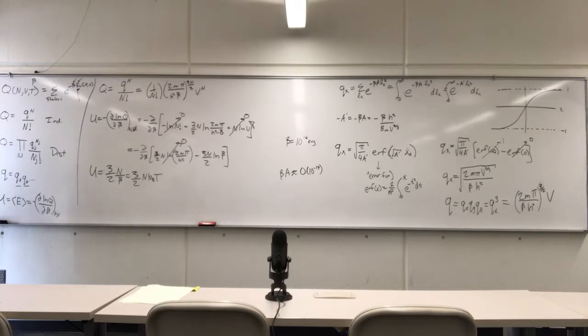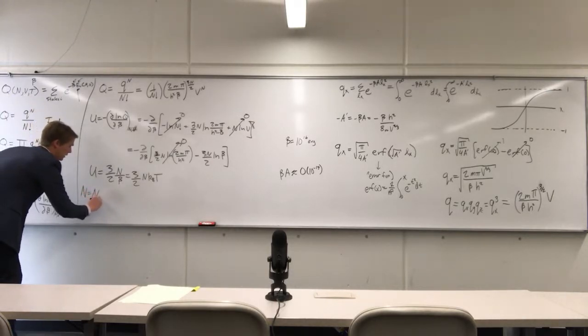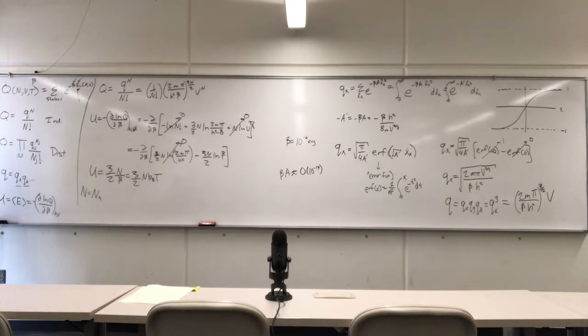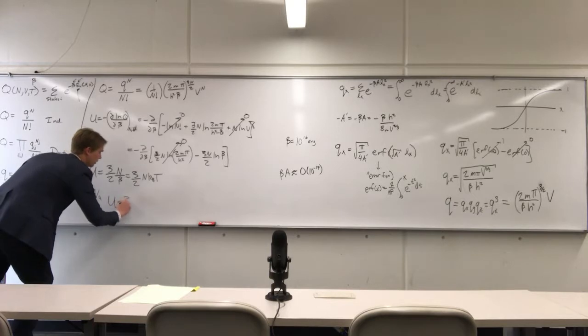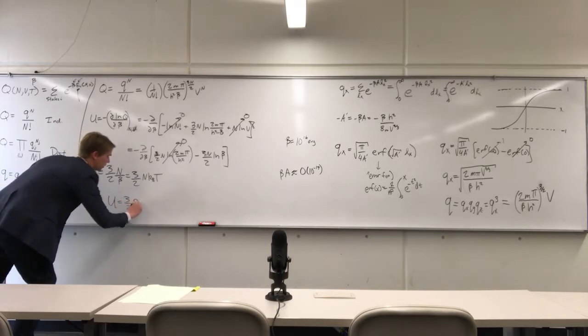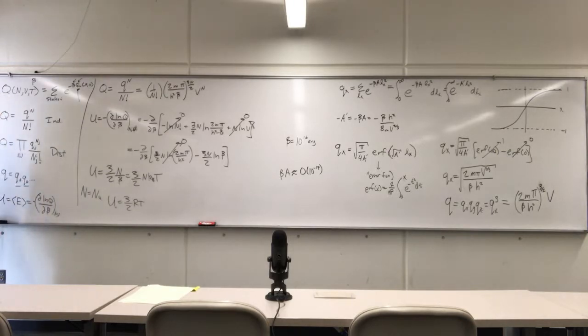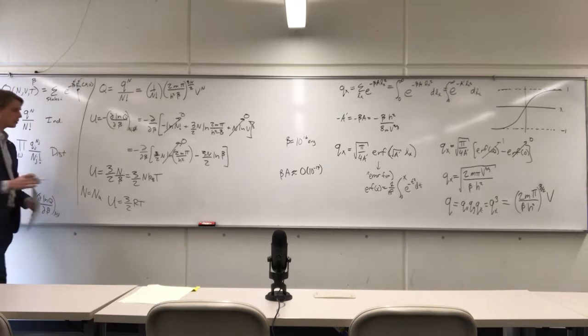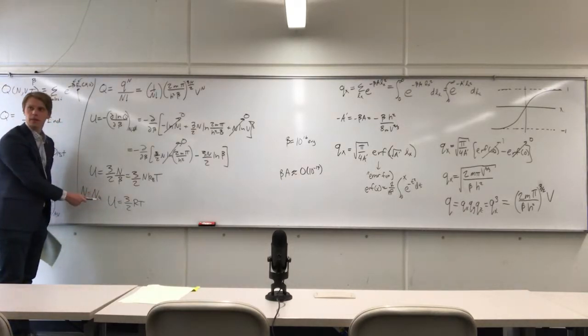Hopefully that looks a little bit familiar. Now let's say, for example, the number of particles is equal to Avogadro's number, in which case the internal energy would be 3 halves RT, which is exactly what we should expect from classical thermodynamics. This is the internal energy of an ideal monatomic gas.